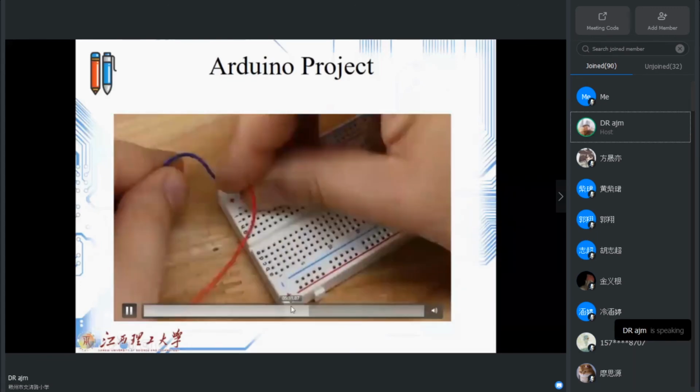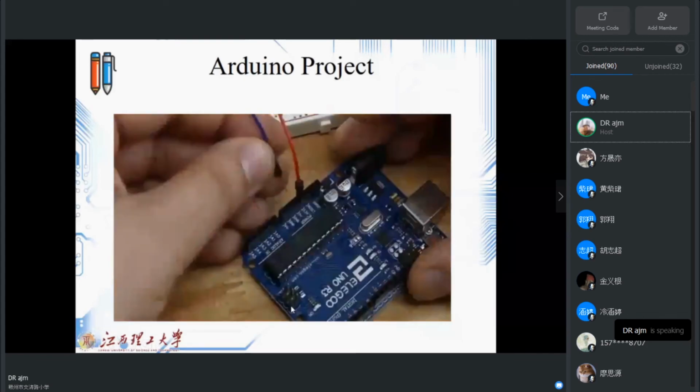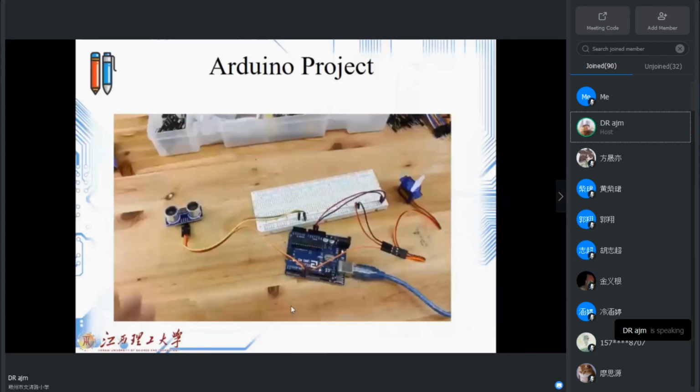These are some parts that I want you to learn and see. Even I use sensors, and you can connect the motor. Then you can do the measurement.